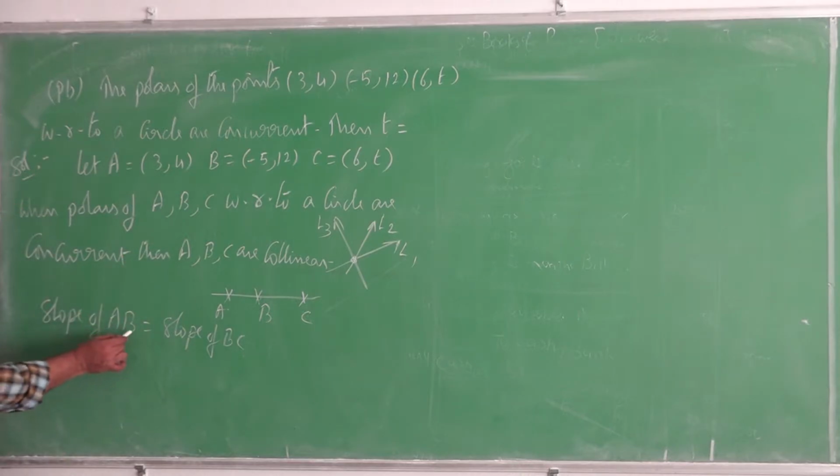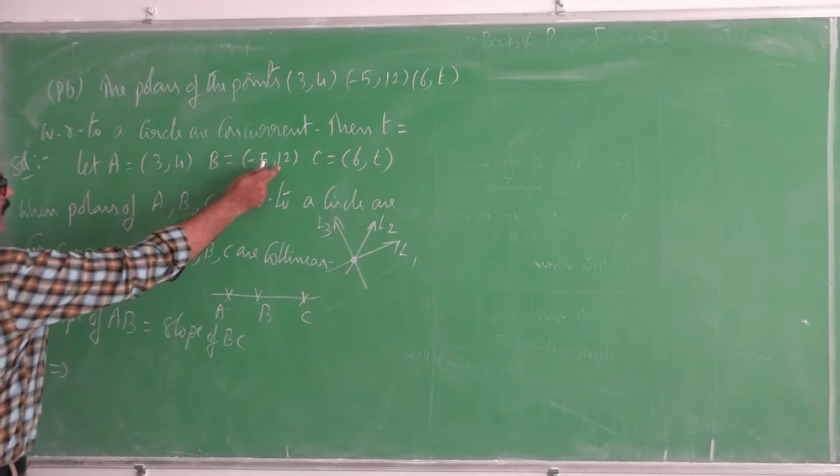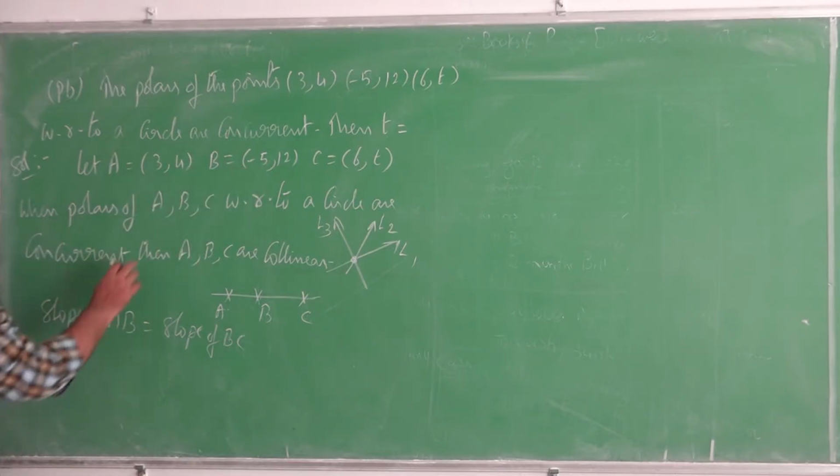Here we take slopes. Slope of AB is equal to slope of BC. What is the slope of AB? (y2 minus y1) by (x2 minus x1).